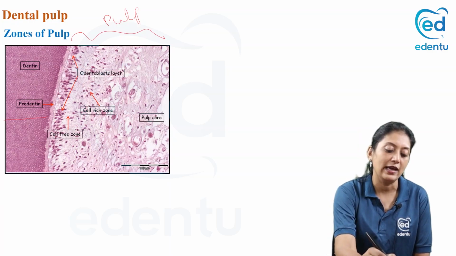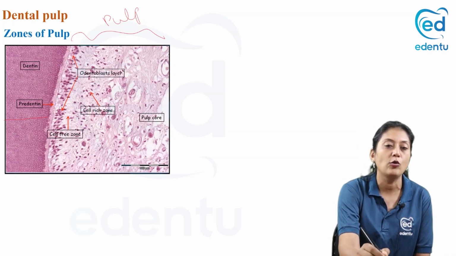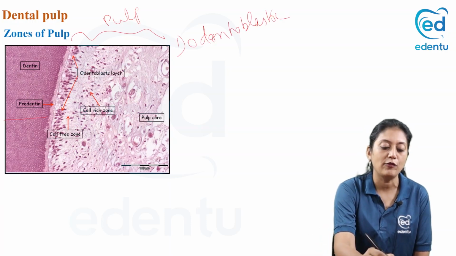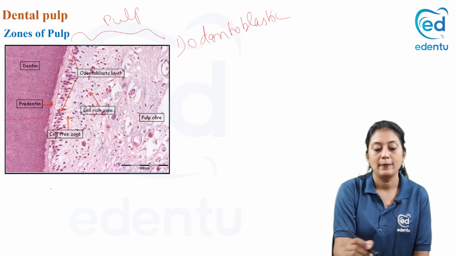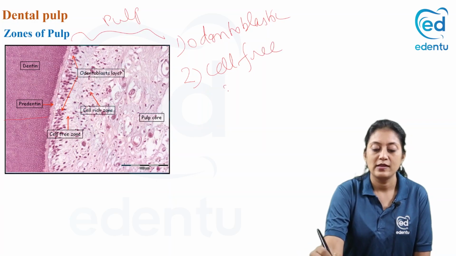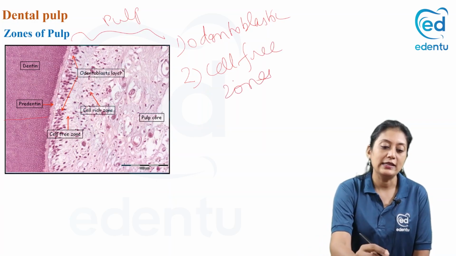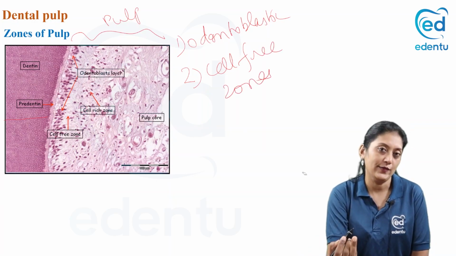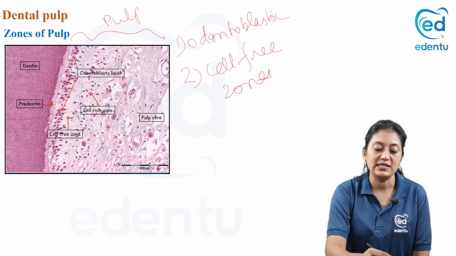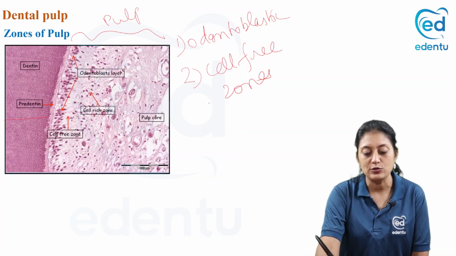The first area, which is close to the dentin, is called odontoblastic layer, because you see a layer of odontoblasts there. The second layer is called cell-free zone. After the odontoblastic layer, there is one area which is devoid of cells, but you see a lot of fibers and ground substance in that area. That is called cell-free zone.